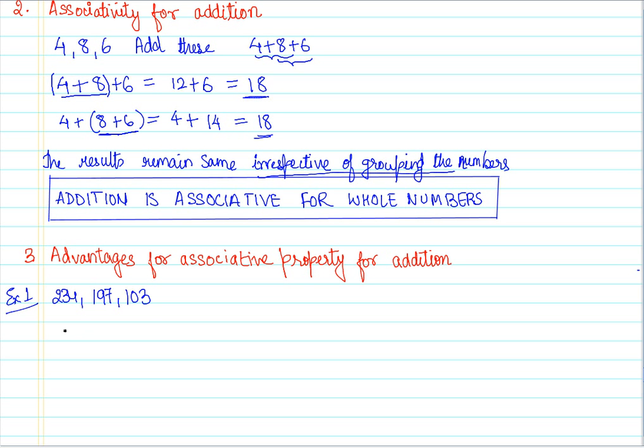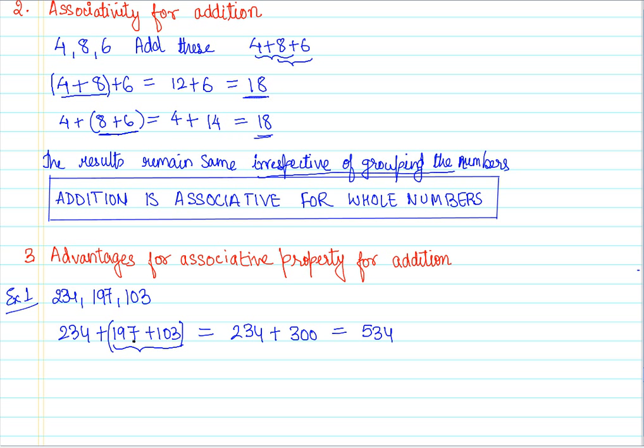So I will write this addition as 234 plus 197 plus 103. Now if you observe this carefully, adding 197 to 103 is very easy. The reason is, to this 97, if you add 3, it becomes 100, which means this whole sum will come out to be 300. So I can group this automatically. I will write it as 234 plus 300, which comes out to be 534.